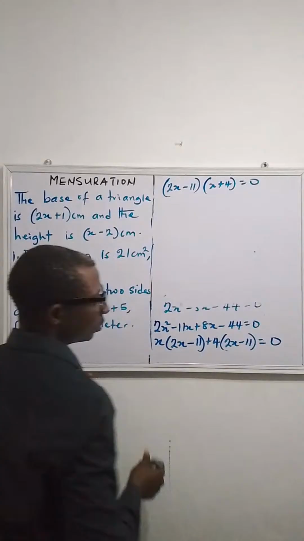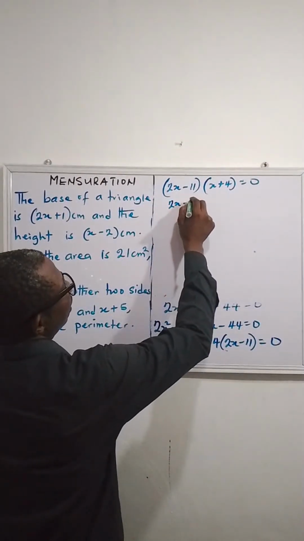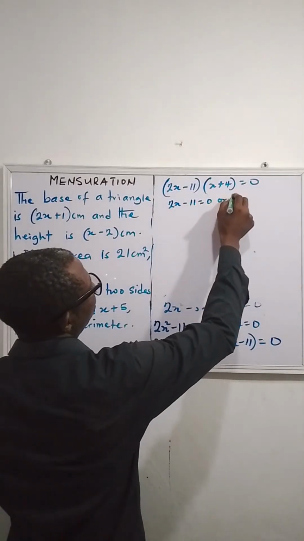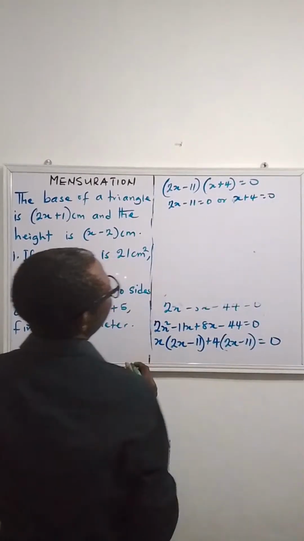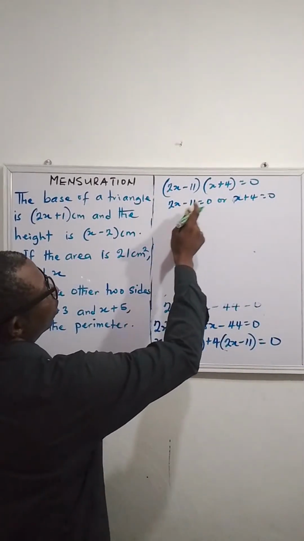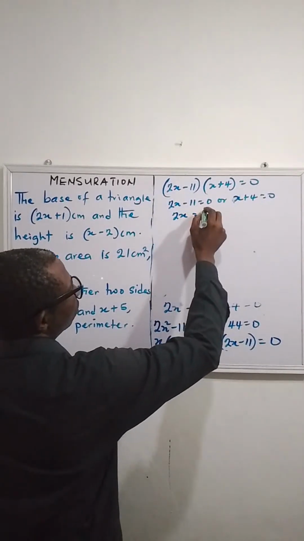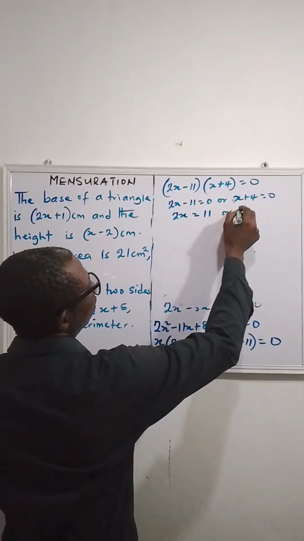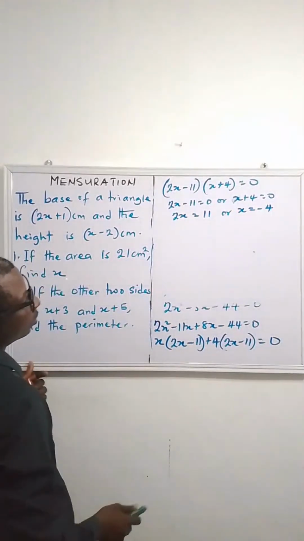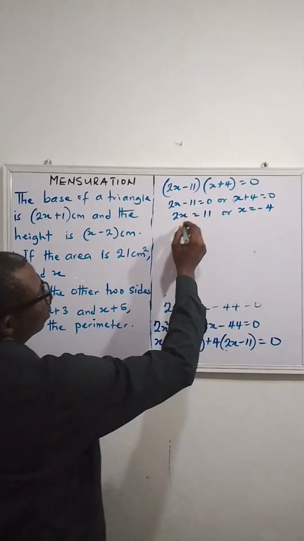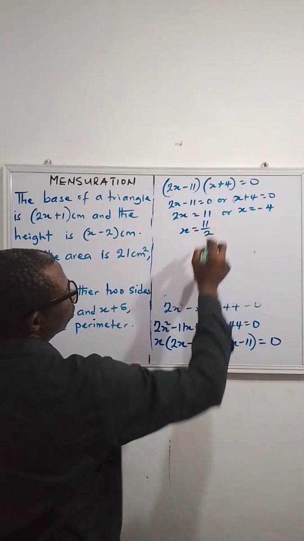So now you have 2x minus 11 equals 0, or x plus 4 equals 0. Adding 11 to both sides, we have 2x equals 11, or x equals negative 4. So you can break this one down to x equals 11 over 2.